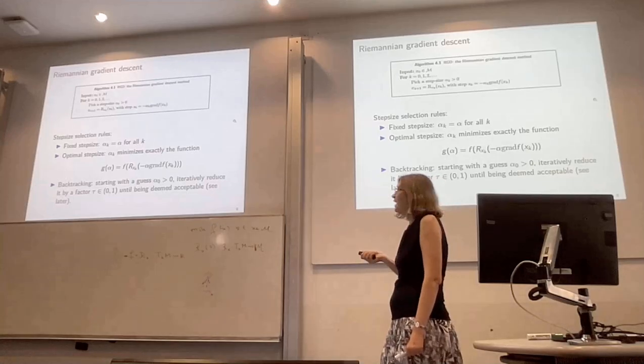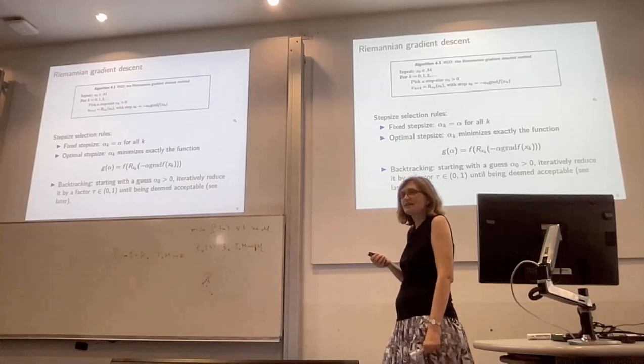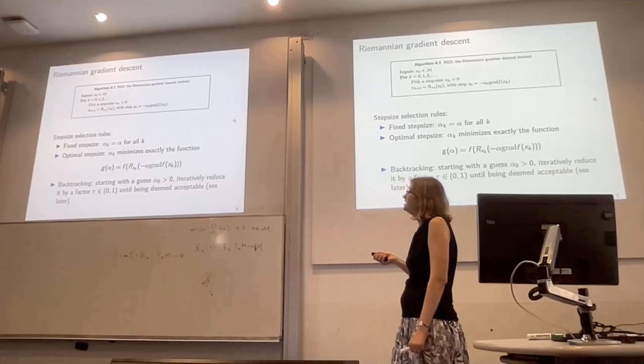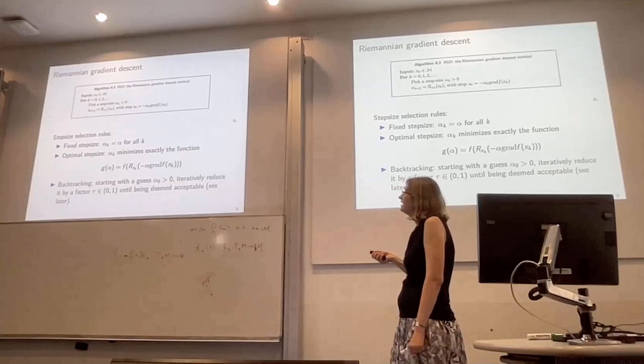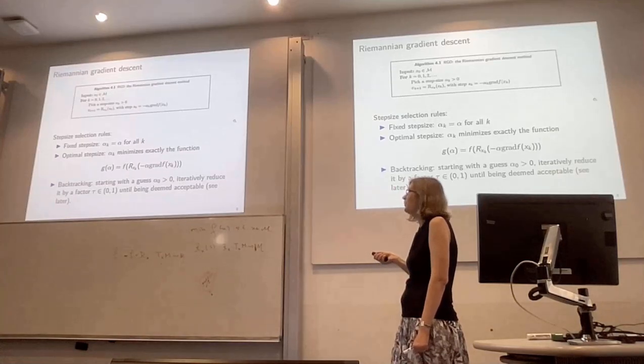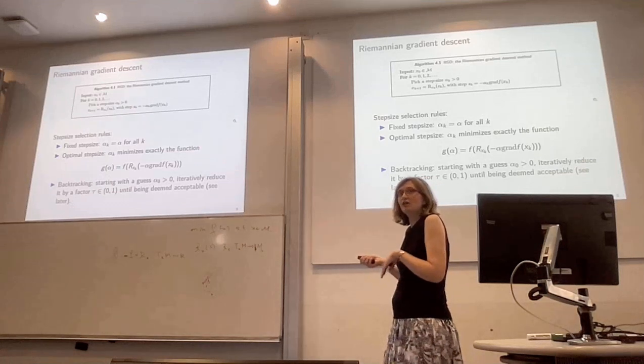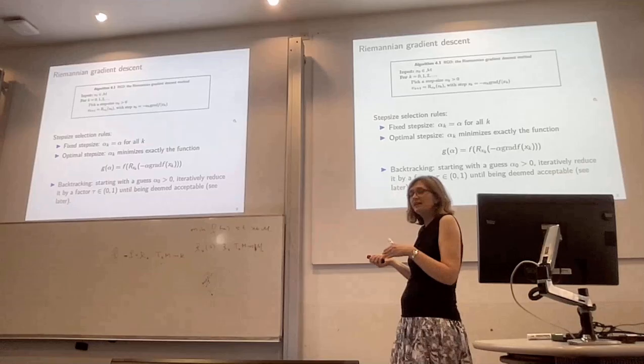So what you often do in practice is you start with some initial guess alpha 0, positive. You see that's the pullback along the direction for that value, alpha equals alpha 0. Does it decrease compared to the value of f at x_k? If that's the case, that's your correct alpha. Otherwise, you shrink it.